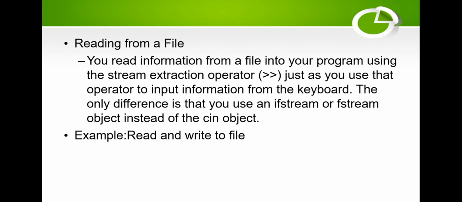In earlier programs we used the cin object to get input from the user. In a file program, instead of cin, we have to use an object of ifstream or fstream. That is the only difference.